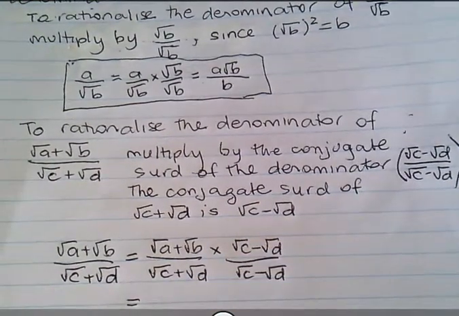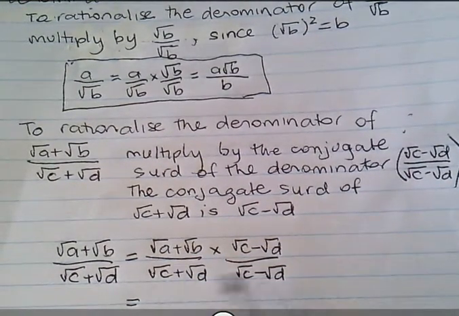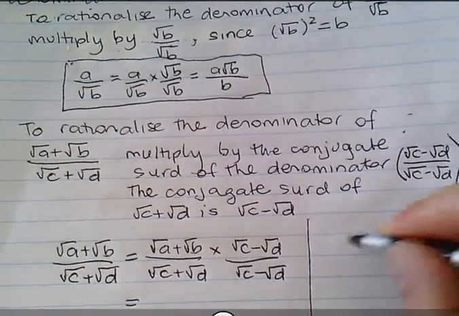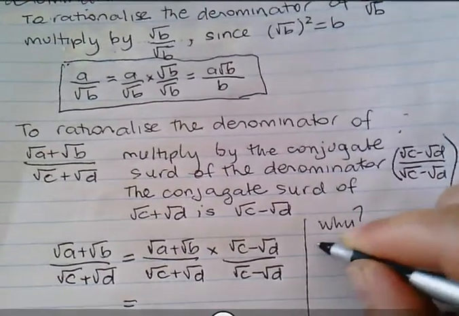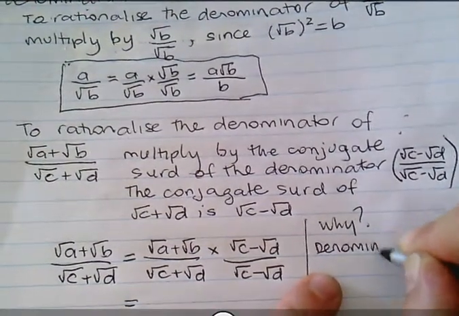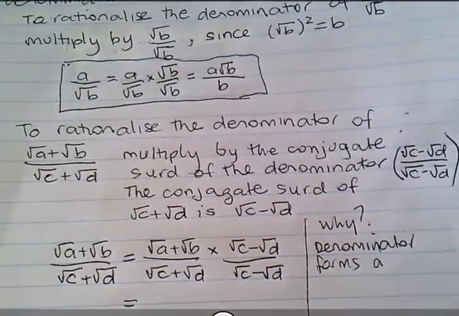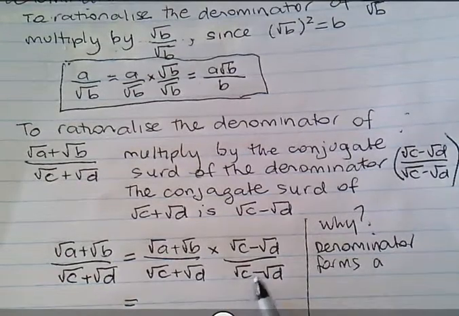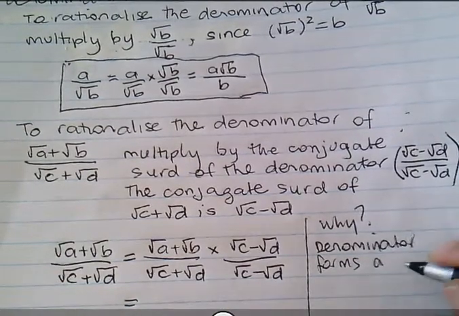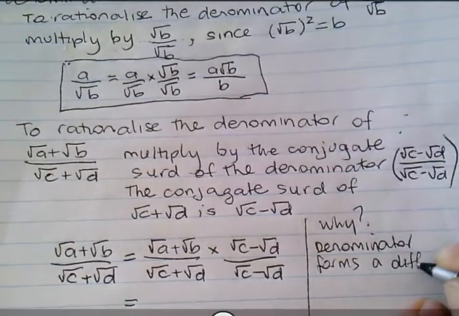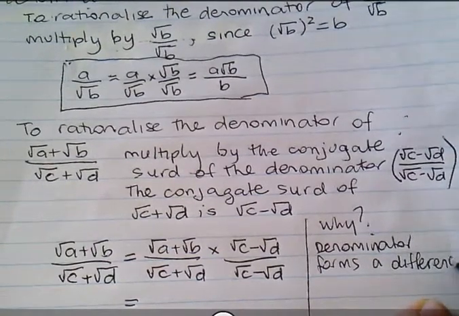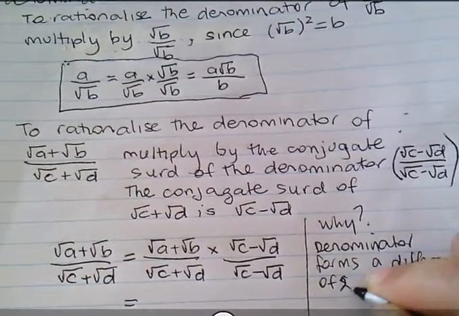Why do I do that? It's because the denominator, so the reason we do it, why? Because the denominator forms what? Root c plus root d times root c minus root d is what? Yeah, it forms a difference of 2 squares.